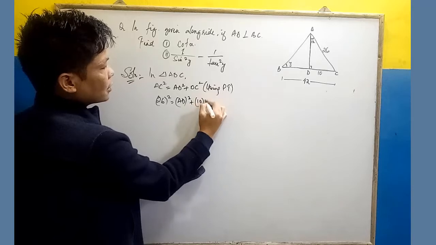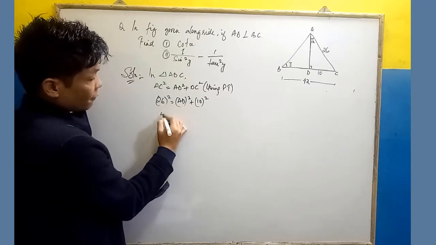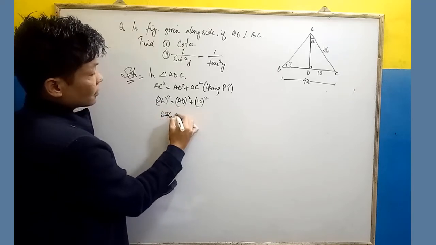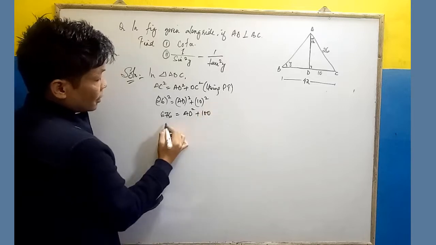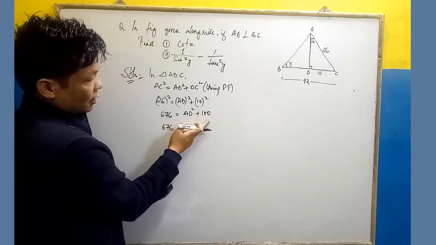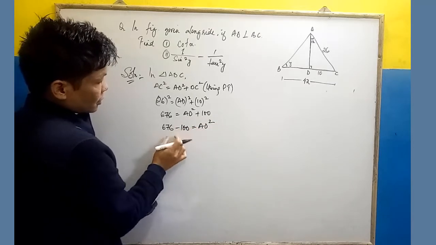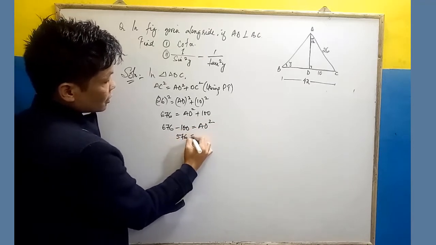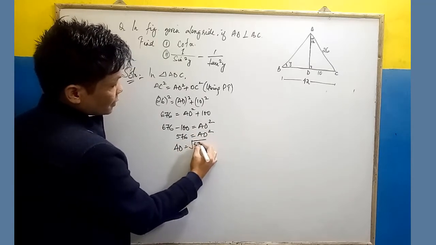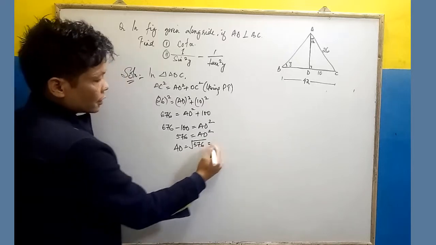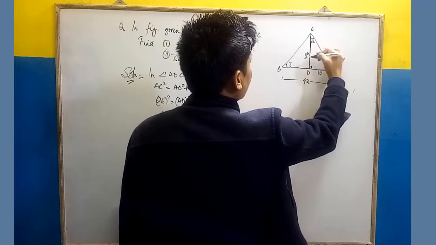DC is given 10, so this is 10 square. 26 square is 676. This is AD square plus 10 square is 100. If I shift 100 to the left hand side, I'll get minus 100. So 676 minus 100 is 576, which is AD square. From here I can find out the value of AD, which is under root of 576. So under root of 576 is 24. Now I got the value of AD.